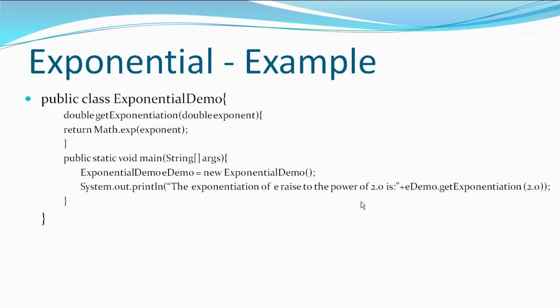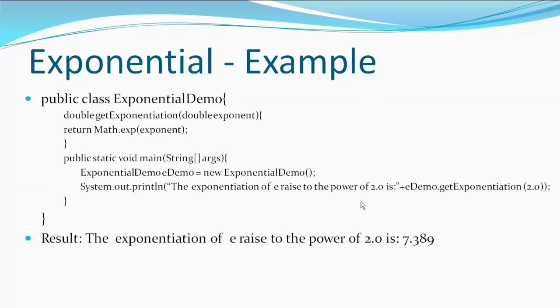In the following line, we are printing the value of e raised to the power 2, that is e square, using the method getExponentiation. If the power is 2, the exponent should be 2. That is, we are passing the argument as 2 to the method getExponentiation. The result of the following method is 2.